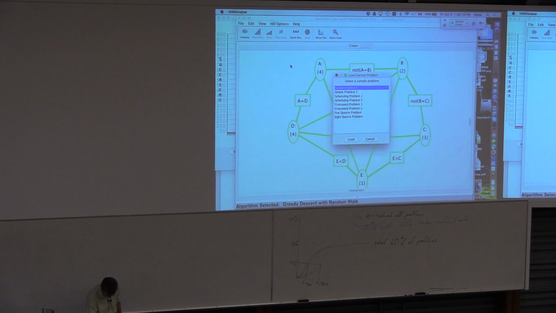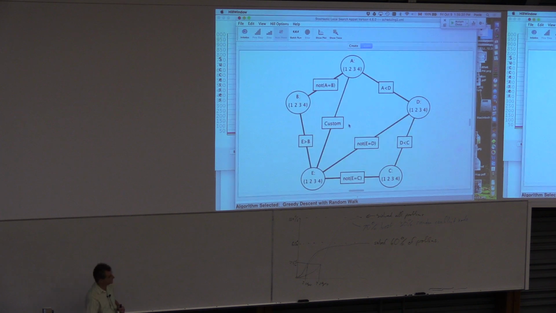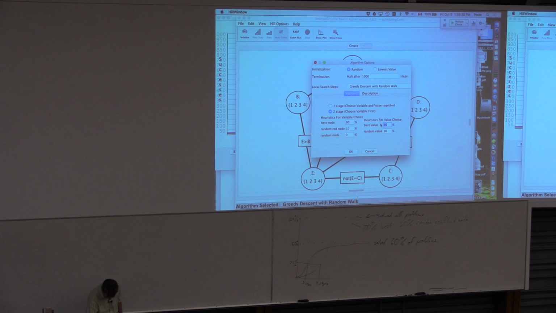So that was the first scheduling problem, for which arc consistency was very efficient. We'll do the other one, this one here. This is the other problem. And if I try, what are the options? Let's try back to 100%, and we're going to choose the best node 100% of the time.